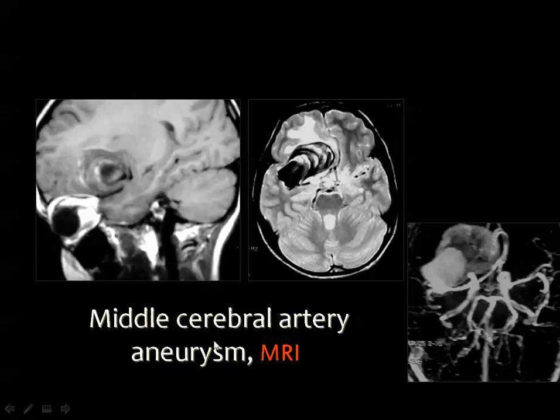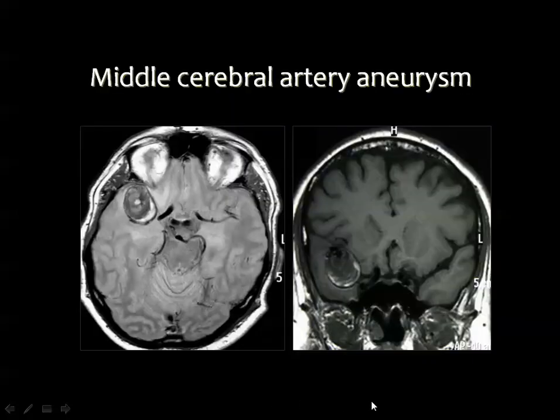In the T1 weighted image, you may see this phenomenon, but it's very clear in the T2 weighted image compared to the T1 weighted image. In the T1, you can also see the thrombosis inside the aneurysm, and you can also detect a hemorrhage in the perianeurysmal area. And this is a middle cerebral artery aneurysm by MRI T1 weighted image in the axial and in the coronal planes.